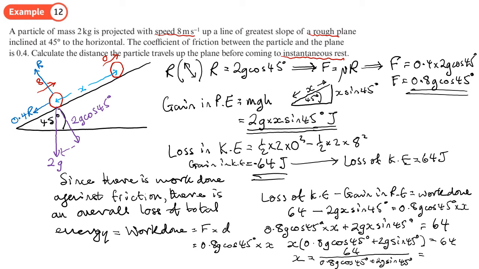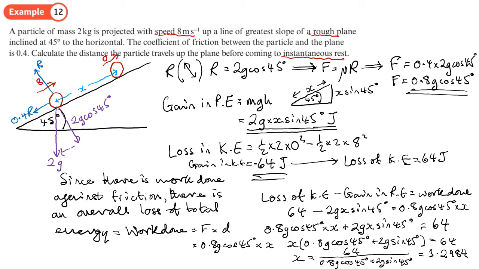Okay, let's do that and see what we get. So fraction button, 64, then at the bottom 0.8 times 9.8 times cos 45, close bracket, plus 2 times 9.8 times sine 45, close bracket, and we get 3.2984. I haven't got much space, so I'm going to write the answer nice and big somewhere else.